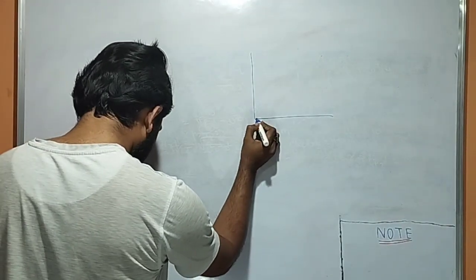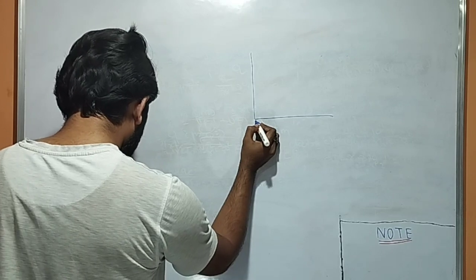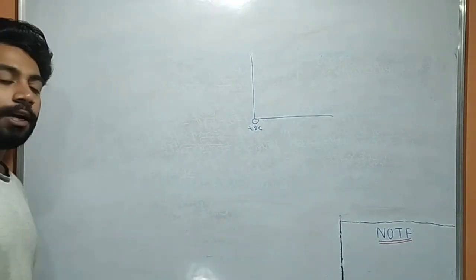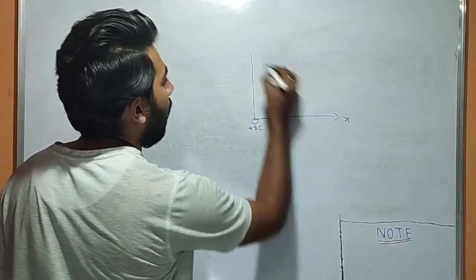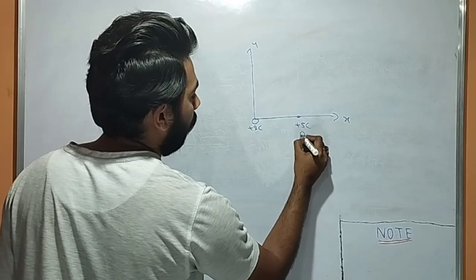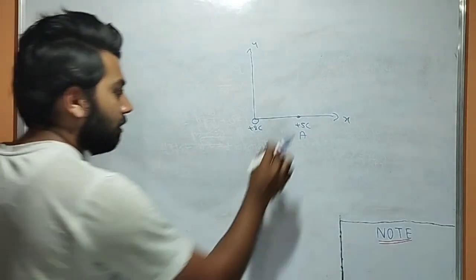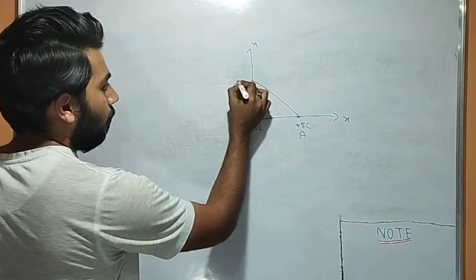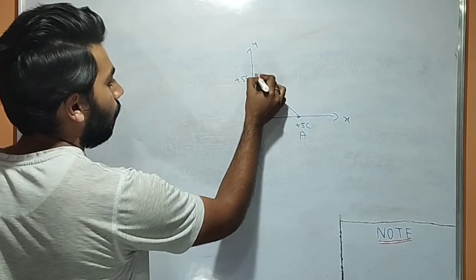One charge of 2 coulomb at the origin O, and another charge of 5 coulomb on the x-axis here somewhere. Okay. After some time, send this to the y-axis, which is also 5 coulomb.